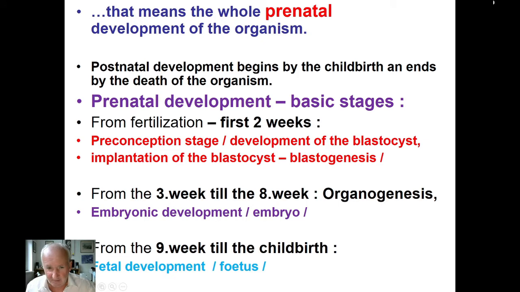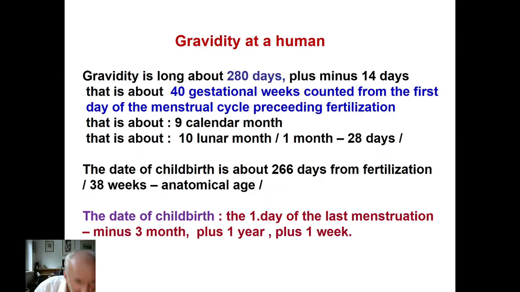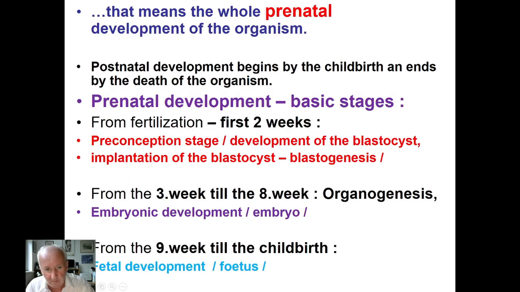Basic stages. The first 2 weeks. I will see if it's possible to draw some pictures. Yes. From the fertilization, the first 2 weeks, it's the so-called development of the blastocyst.